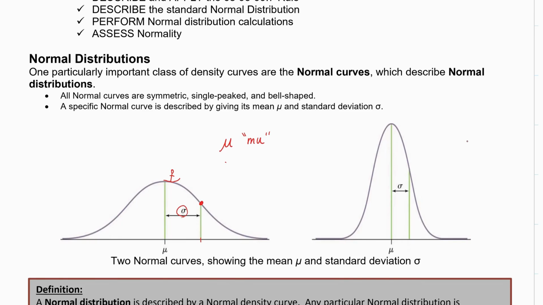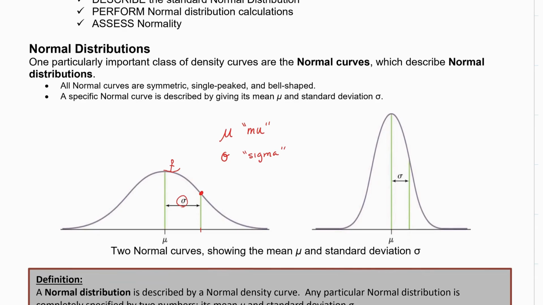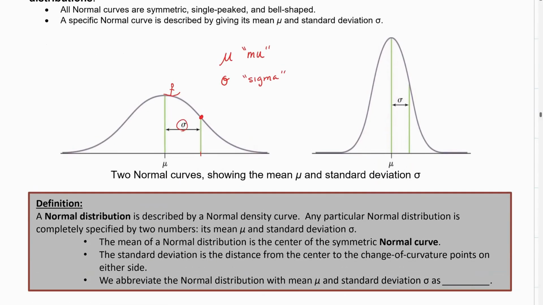We're going to use this other thing that looks kind of like a cursive O, but is really a lowercase sigma, as our symbol for the standard deviation. And for normal distributions, if you know the mean and you know the sigma, you end up knowing everything there is to know about that normal distribution, because this is a density curve.